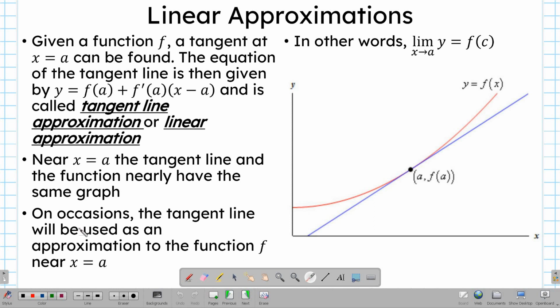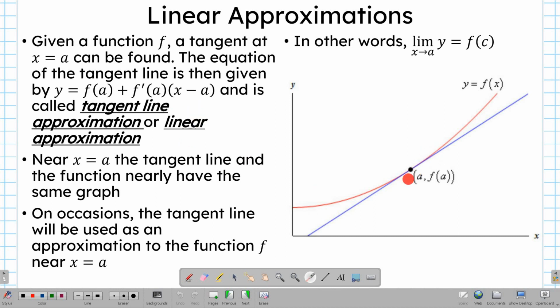The other application of the derivative that we'll look into is linear approximations. Given the function f, a tangent at x equals a can be found. The equation of the tangent line is given by this. This is called the tangent line approximation or the linear approximation of the function.